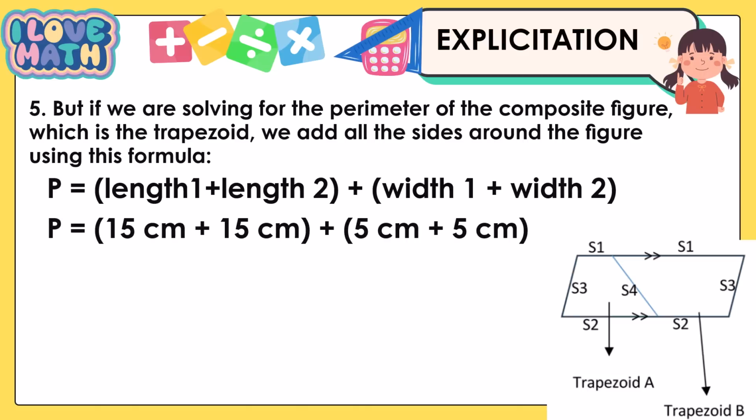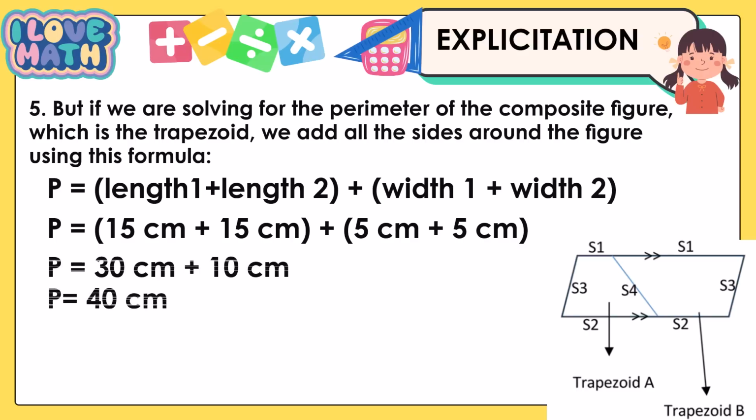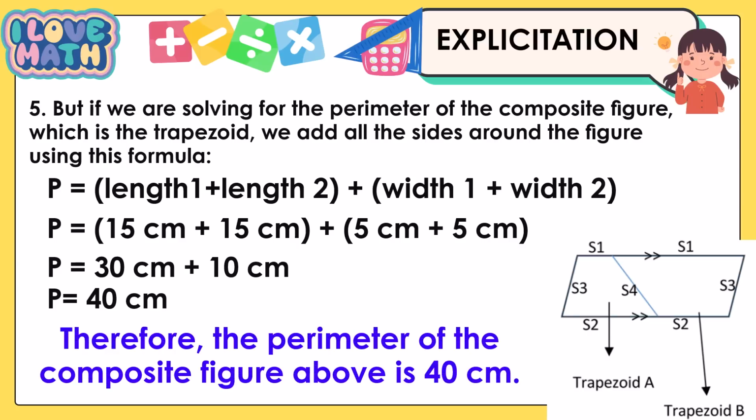P equals 15 cm plus 15 cm plus 5 cm plus 5 cm. P equals 30 cm plus 10 cm. P equals 40 cm. Therefore, the perimeter of the composite figure above is 40 cm.